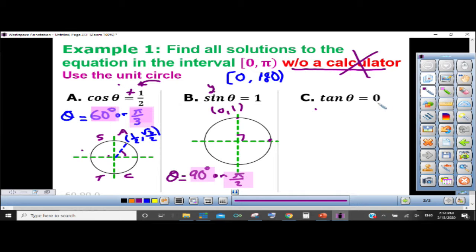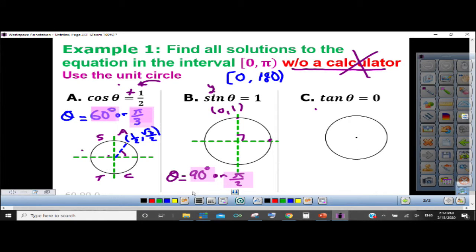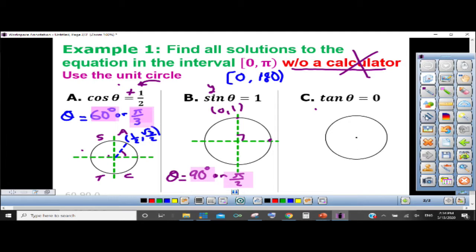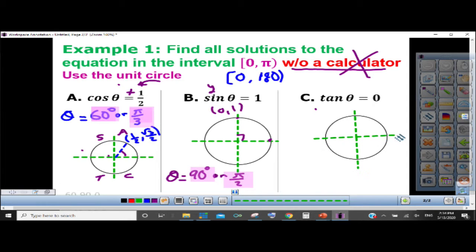Tangent theta is 0. Now, that's a tough one. Again, I'm not allowed to use a calculator here. Okay, no problem. You still survive. Let me come here and start from the center, go up, from the center, go down, and then sideways.